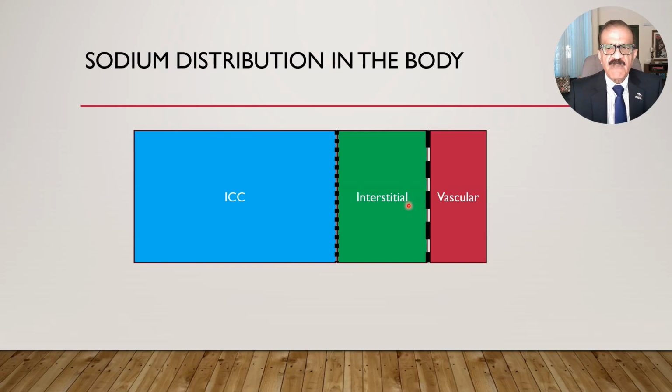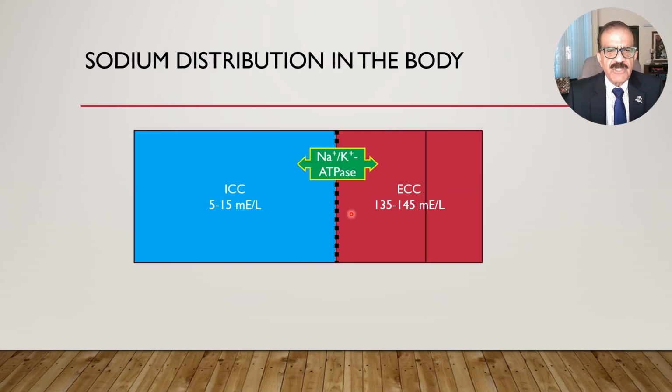So as far as sodium and chlorides are concerned, these two compartments are actually one, as shown in this picture. For the purpose of sodium, potassium and other electrolyte discussion, we have only two compartments, intracellular and extracellular.